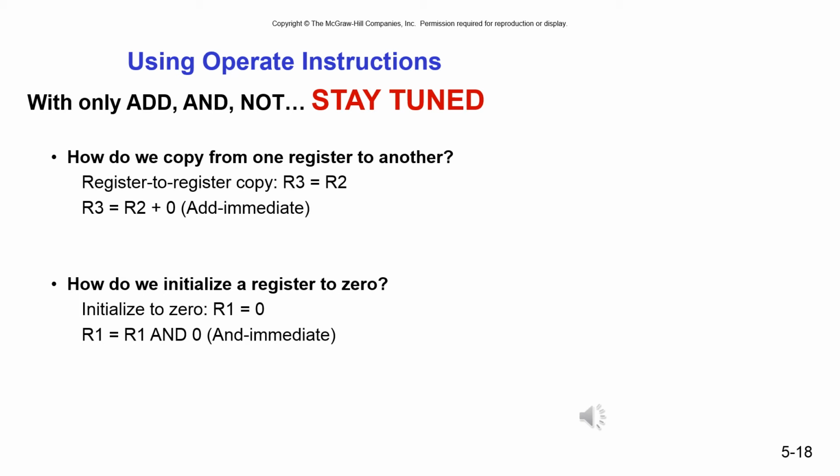We just covered that in the previous couple examples. We simply AND it using the immediate mode of AND with 0. So if we want to zero R1, or assign 0 to R1, source register 1 is R1, and operand number 2 is an immediate 0, an immediate 5-bit 2's complement sign extended value. That's a mouthful. We AND them and store it back into R1.